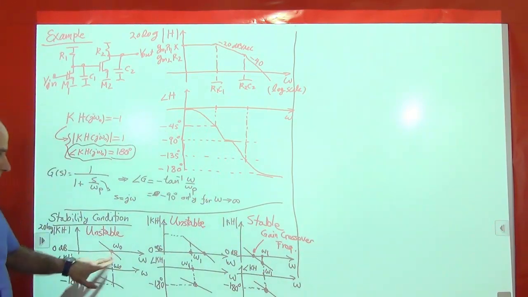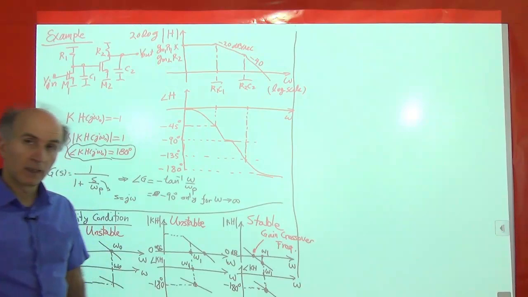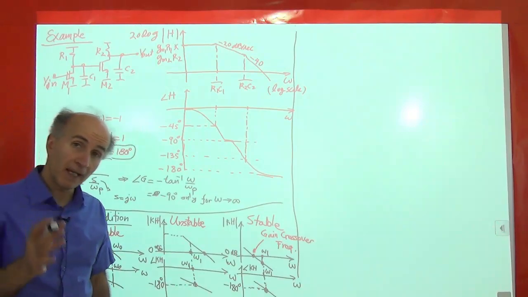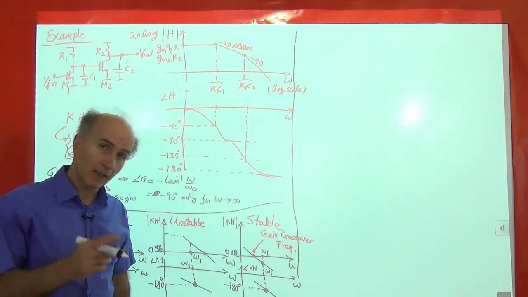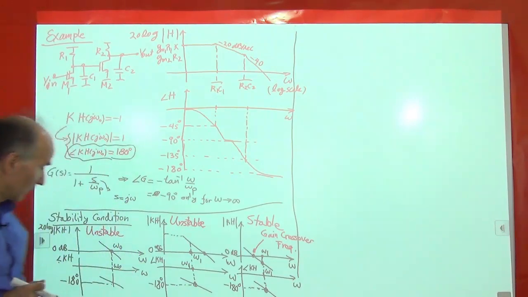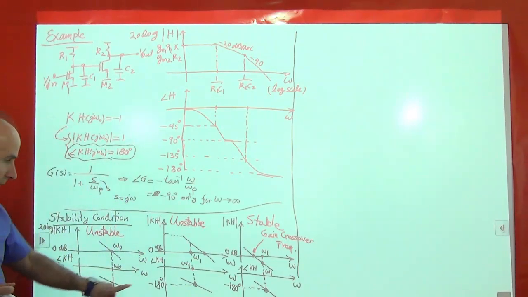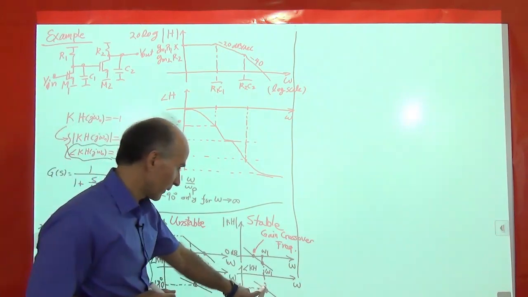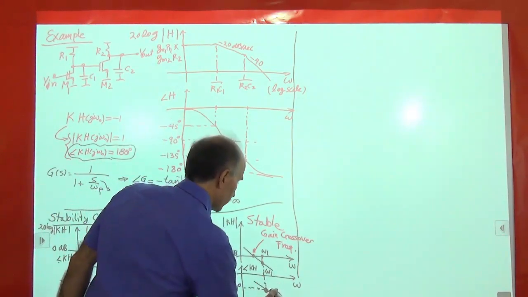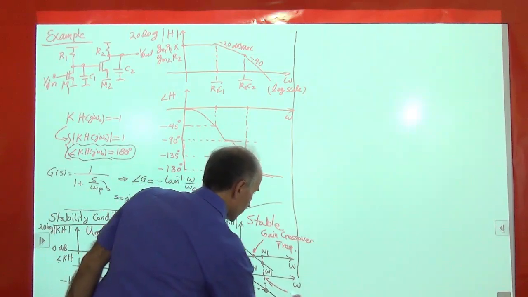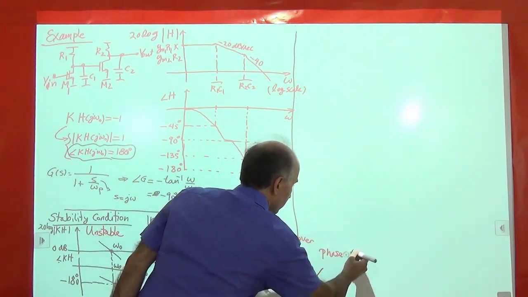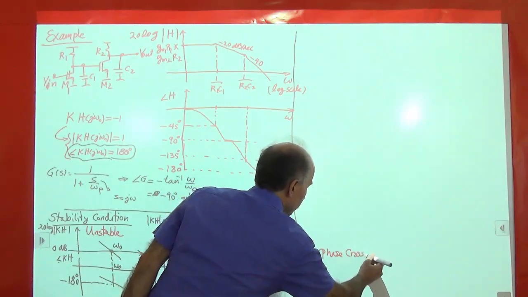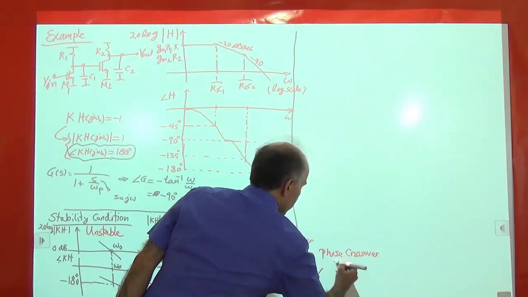Okay, so here or here or here. The frequency at which the phase crosses 180 degrees is called the phase crossover frequency. So here's omega 0, here's omega 1, here's also omega 1, right? So this frequency right here is called the phase crossover frequency.